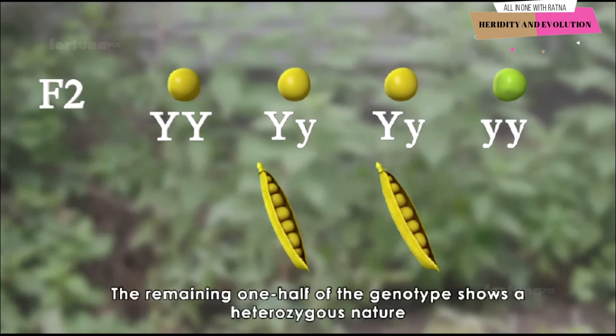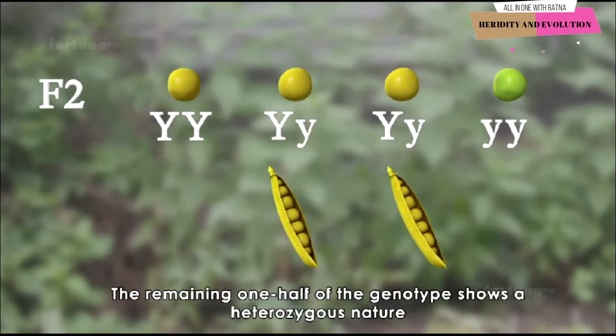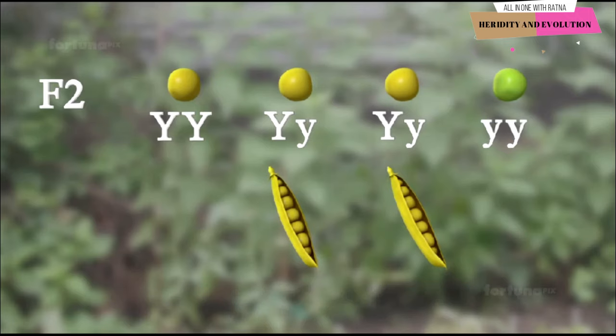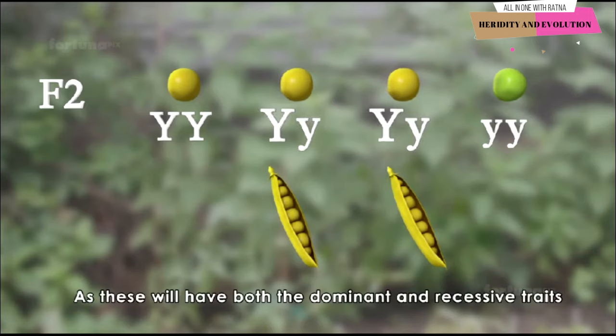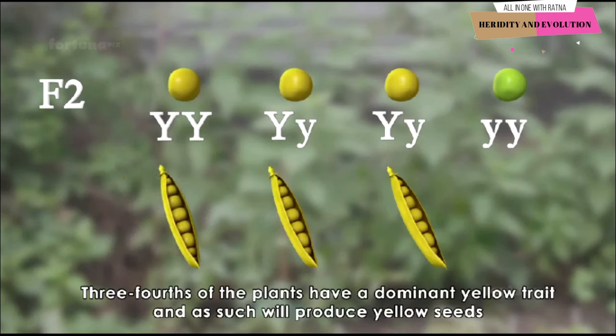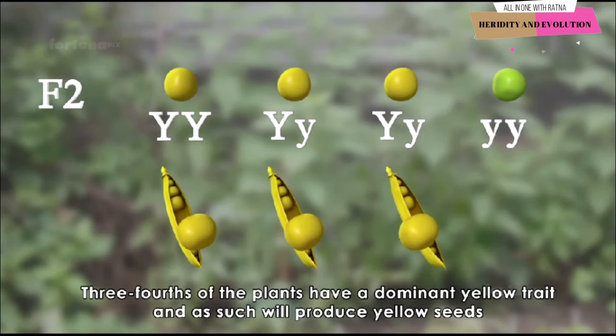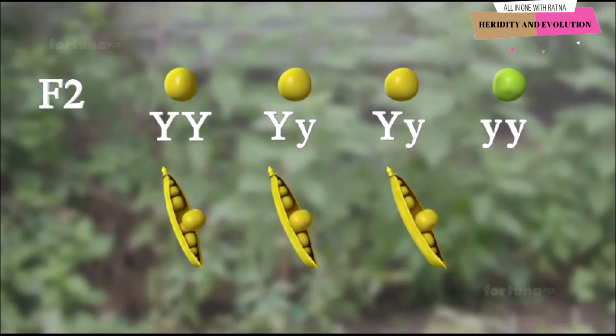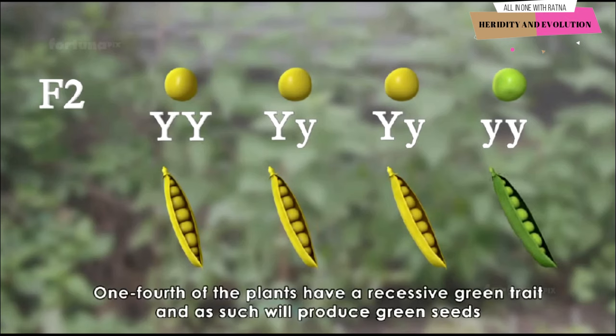The remaining one half of the genotype shows a heterozygous nature, as these will have both the dominant and recessive traits. The results let us see that 3/4 of the plants have a dominant yellow trait and, as such, will produce yellow seeds, and 1/4 of the plants have a recessive green trait and, as such, will produce green seeds.